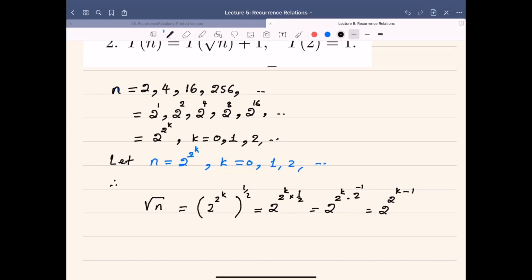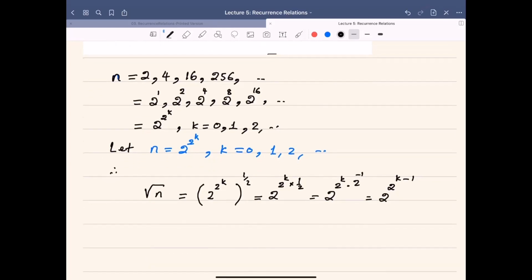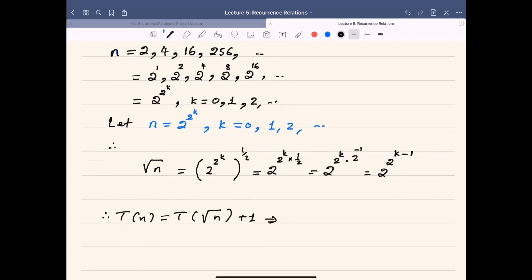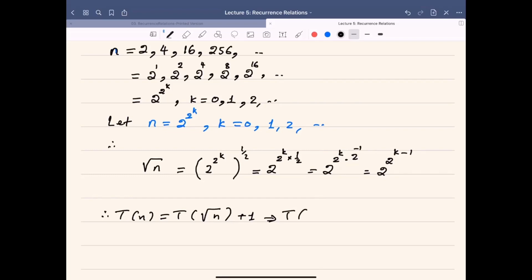Now when we substitute into the recurrence relation, we say that T(n) equals T of square root of n plus 1 will be transformed into T of 2 to the power 2 to the power k equals T of 2 to the power 2 to the power k minus 1, plus 1.